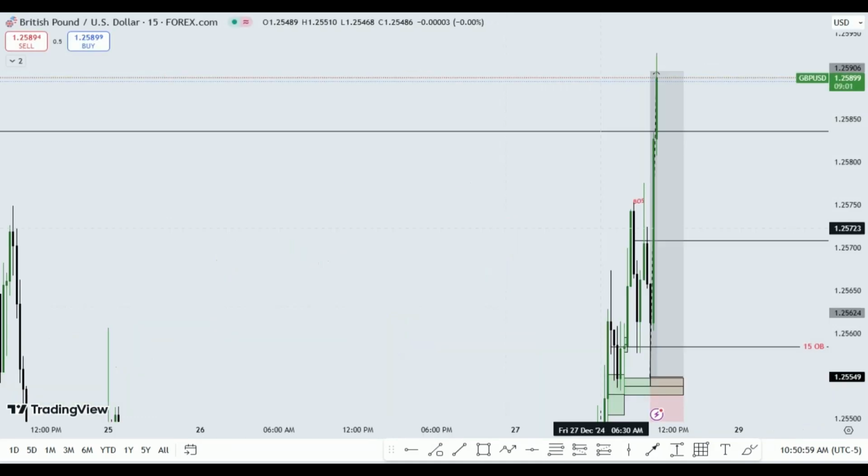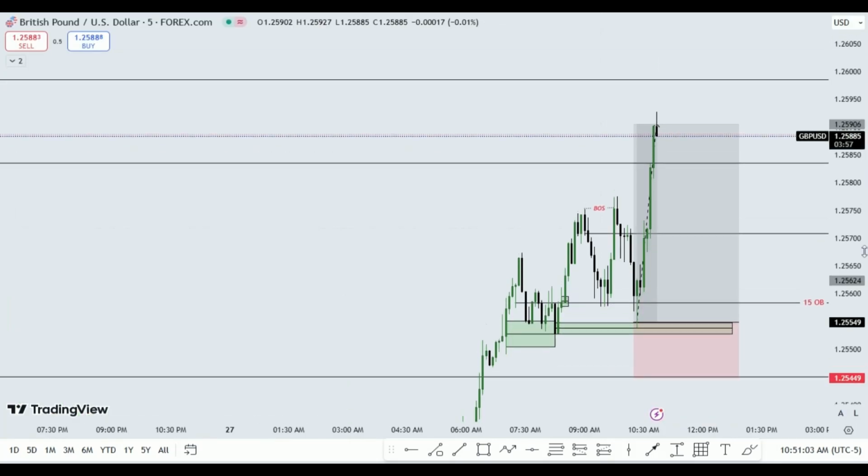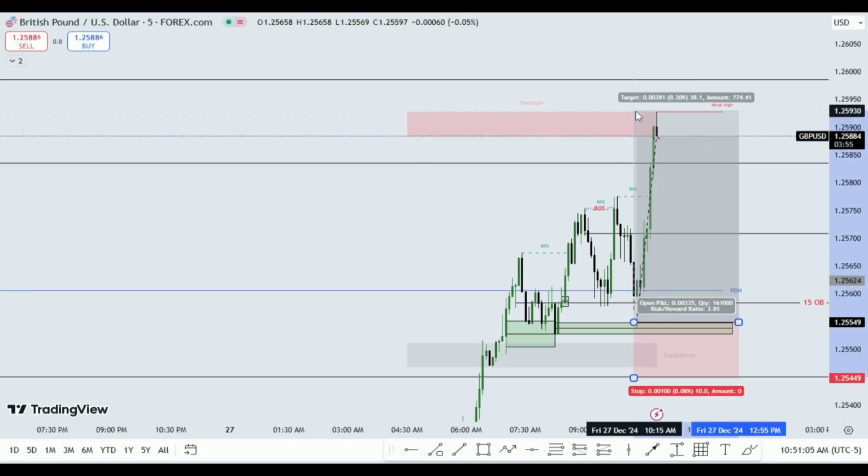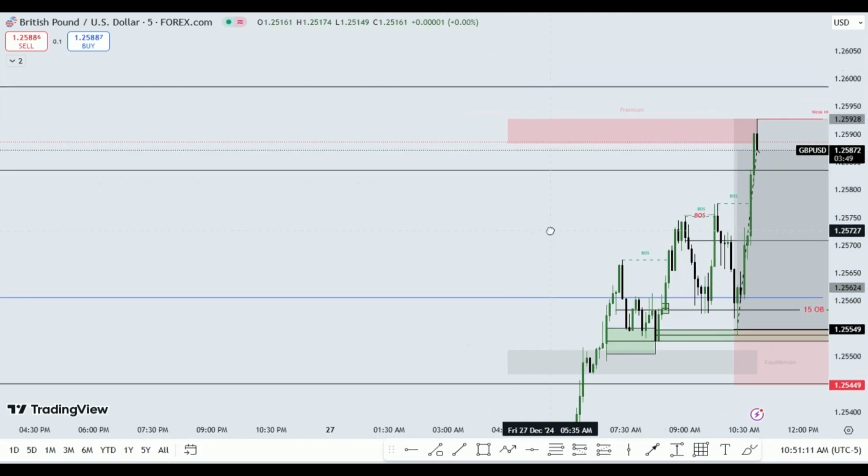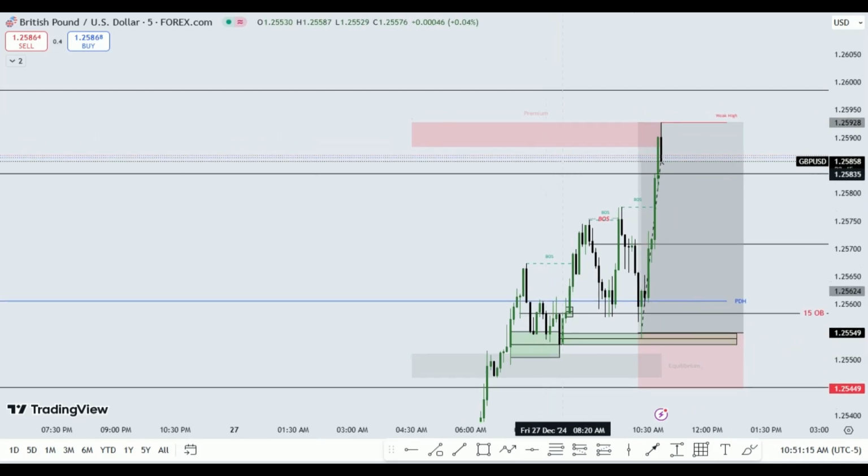15 minutes, 1 minute. We hit 37.5, which is good because here we already took partial from this level. We have to take partial, as I told you, take partial from this level, okay?